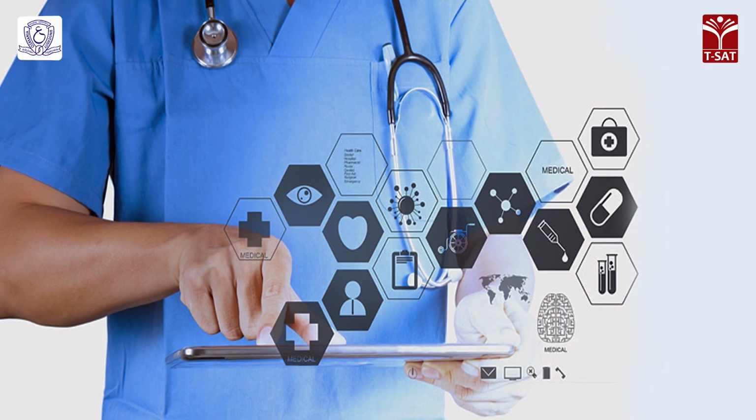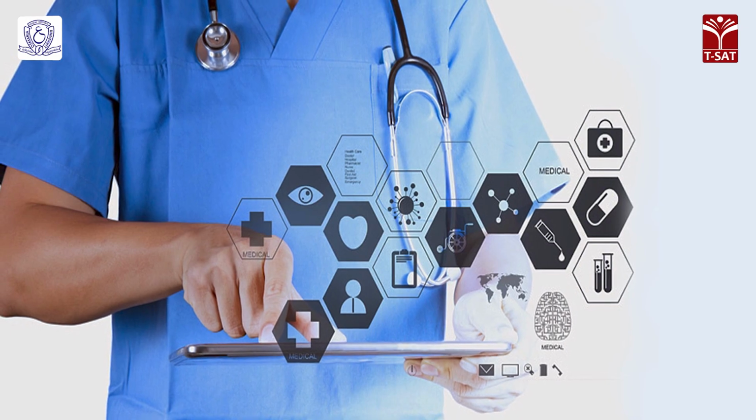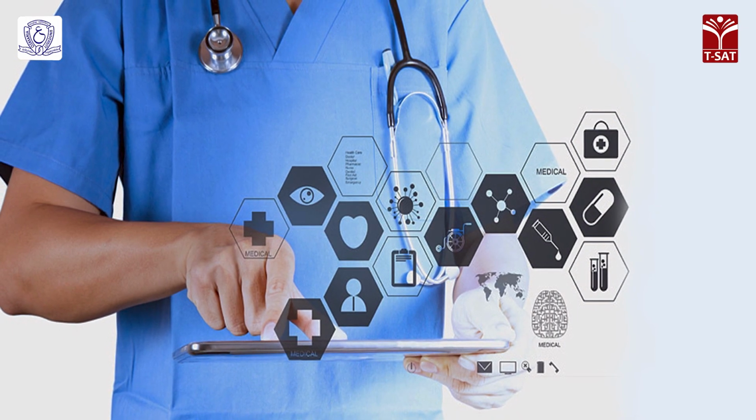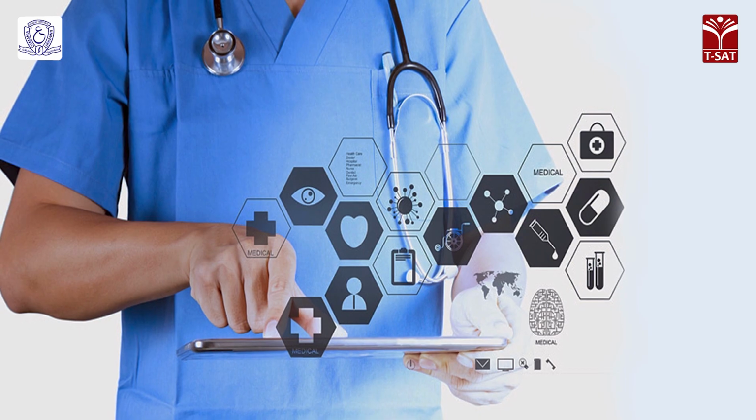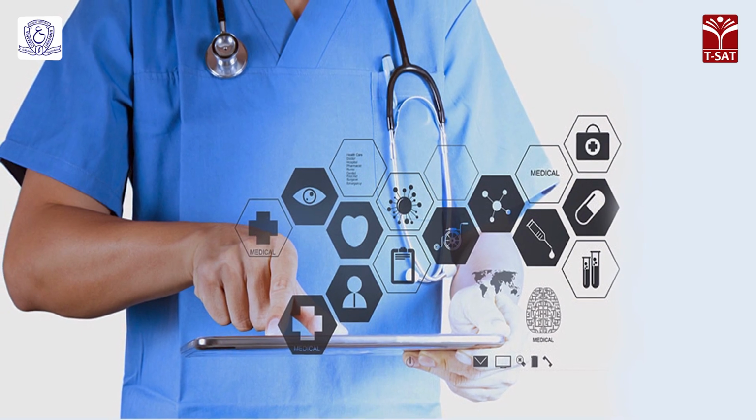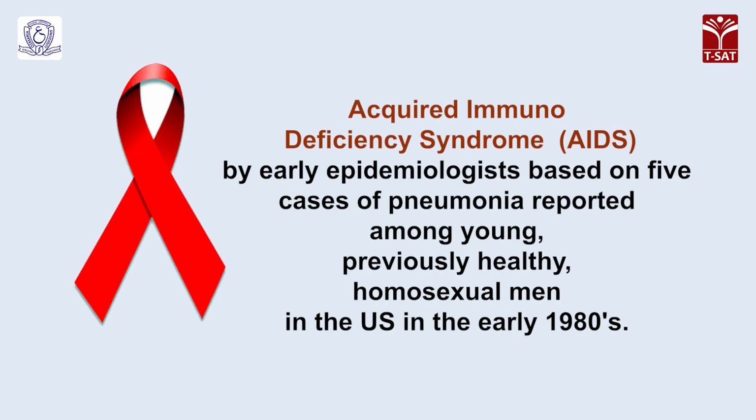So, this design has historical importance as it was often used as an early means to identify the beginning or presence of an epidemic. This is best illustrated by the recognition and formulation of hypotheses concerning possible risk factors of acquired immunodeficiency syndrome by early epidemiologists based on 5 cases of pneumonia reported among young, previously healthy homosexual men in the US in the early 1980s.